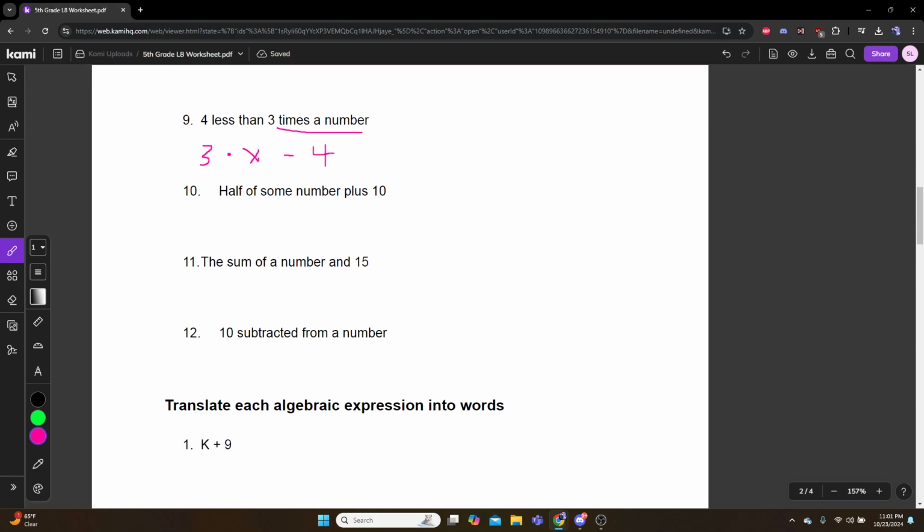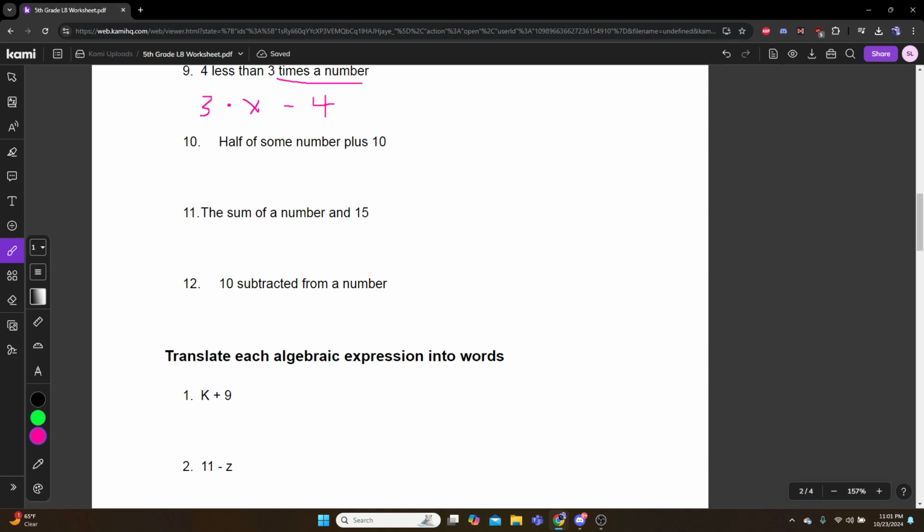Now, half of some number plus 10. Half means that we're dividing it by 2. Half is 1 over 2, so 1/2 of x.